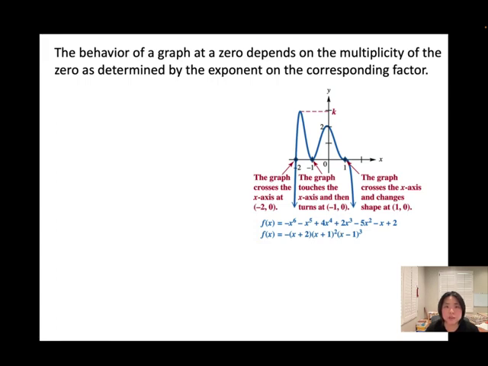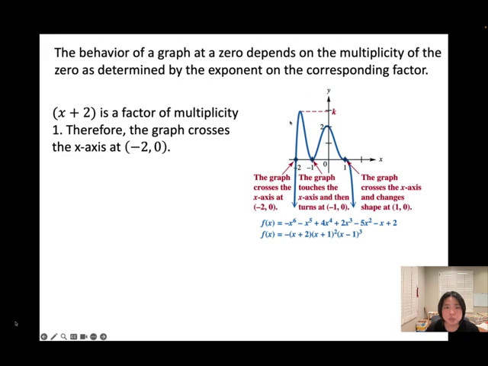The behavior of a graph at a zero depends on the multiplicity of the zero, as determined by the exponent on the corresponding factor. So for the behavior of the graph, you're going to look at the factor. Like this example, we could see x plus 2 is a factor of multiplicity 1.